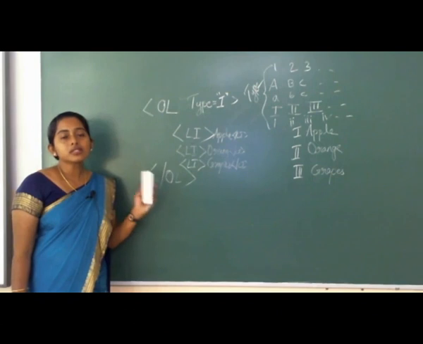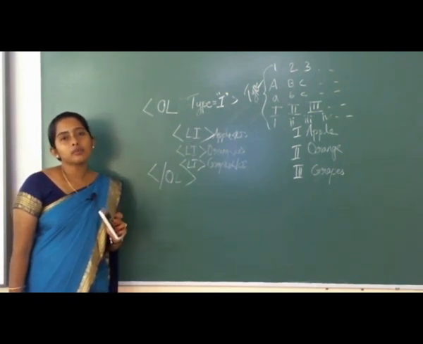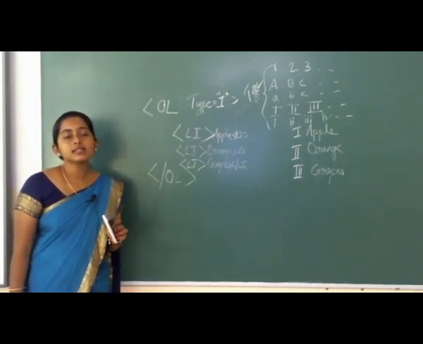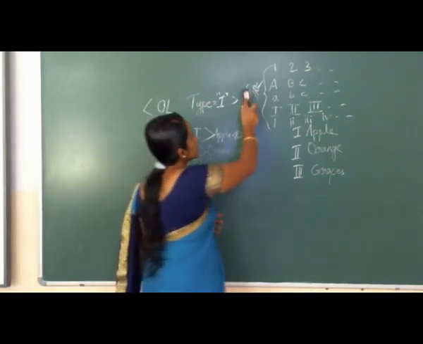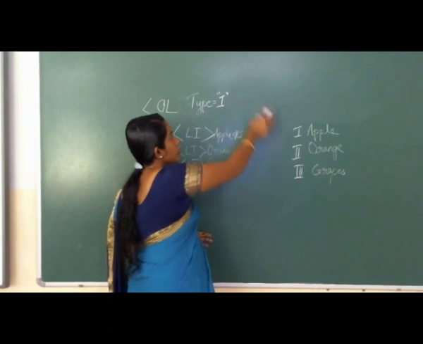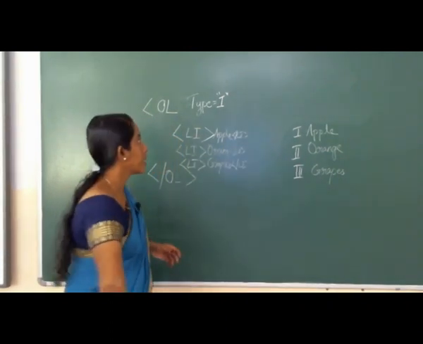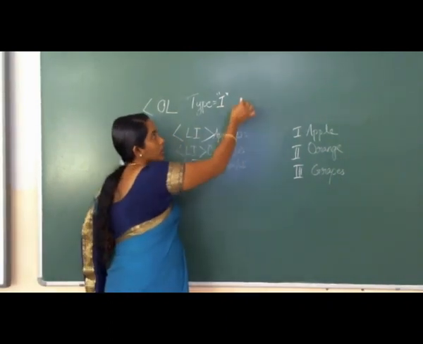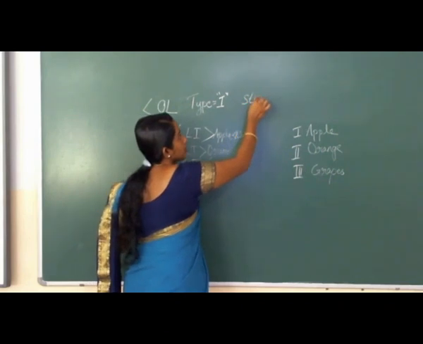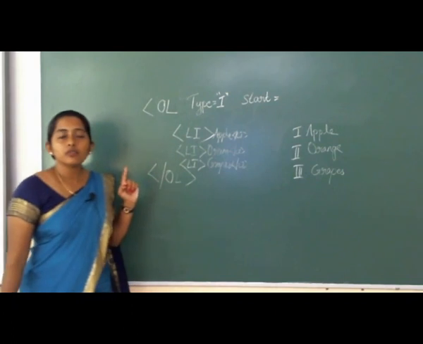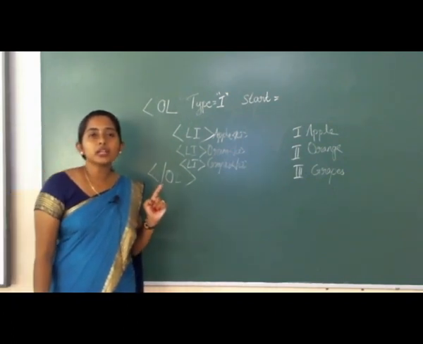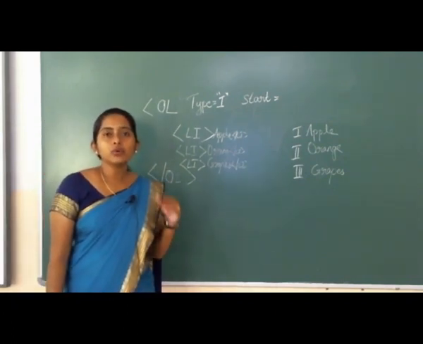Got it. For this ordered list, one more attribute we are using, that is the start attribute. So before closing this angle bracket, if it is needed, you can use the start attribute. For the start attribute, you can give numbers as the value.